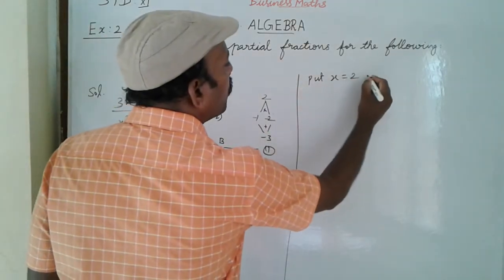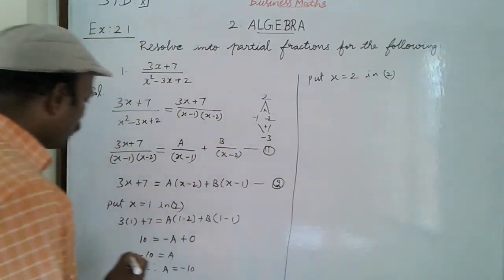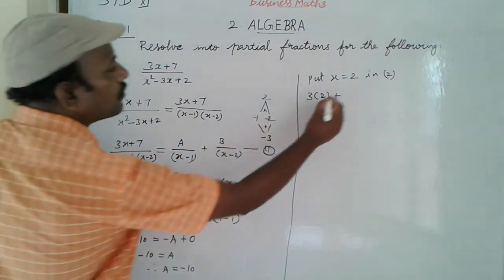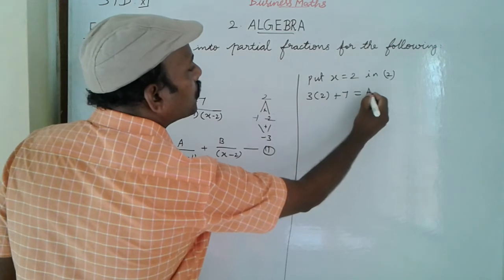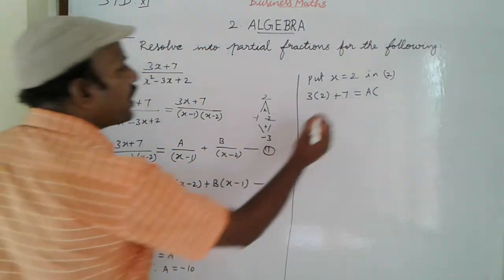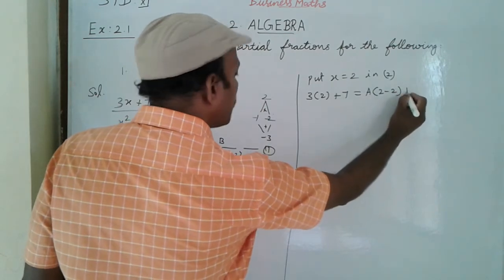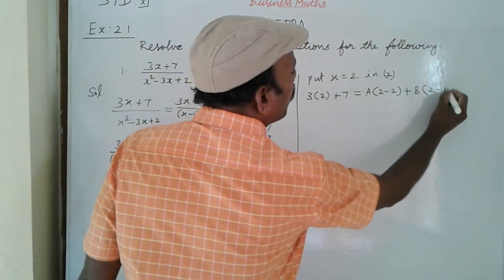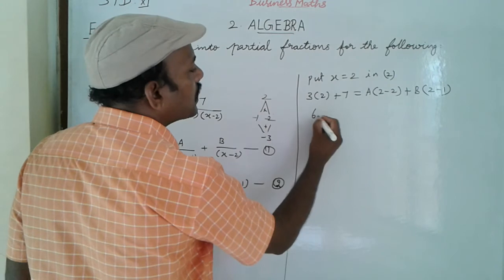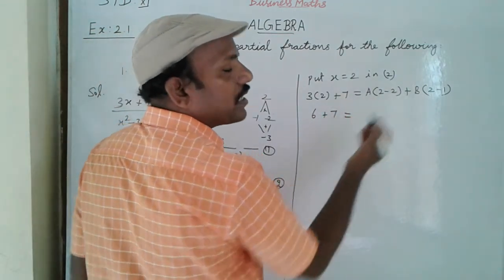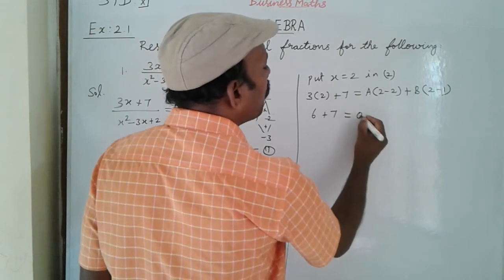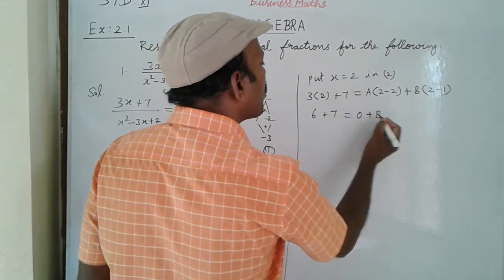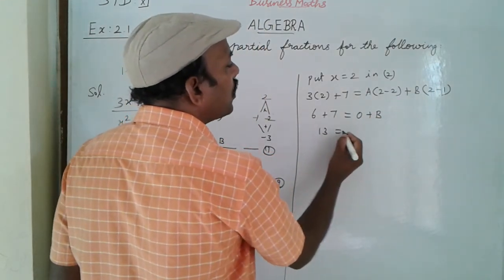So 3 into 2 plus 7 equals A into (2 − 2) plus B into (2 − 1). 3 twos are 6, plus 7 equals 0 plus 1 into B. 6 plus 7 is 13, equals 0 plus B, so B is 13.